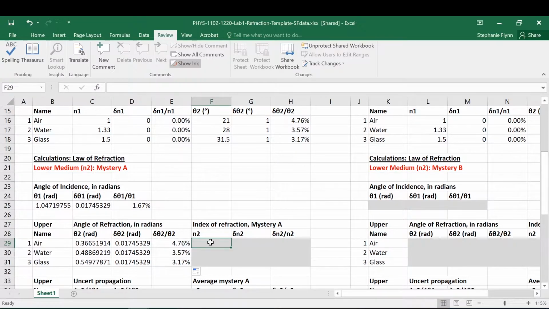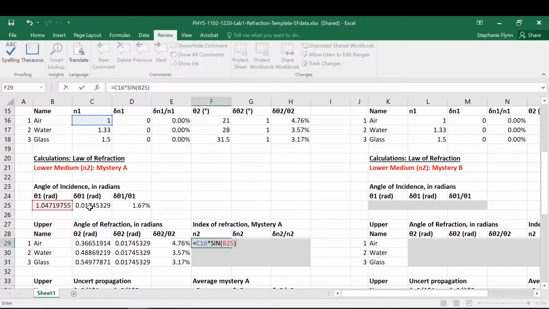Now, once I've rearranged equation number 1 to figure out the index of refraction for N2, so that is the lower medium, in this case it's mystery medium A, then that's going to be equal to N1 times sine theta 1 divided by sine theta 2. So I'm going to start with an equal sign and use the cell where N1 is stored, so that's up here, multiply by sine of theta 1 in radians, so that's this value here.